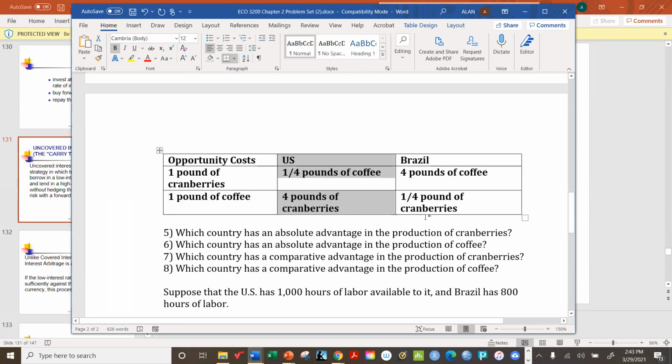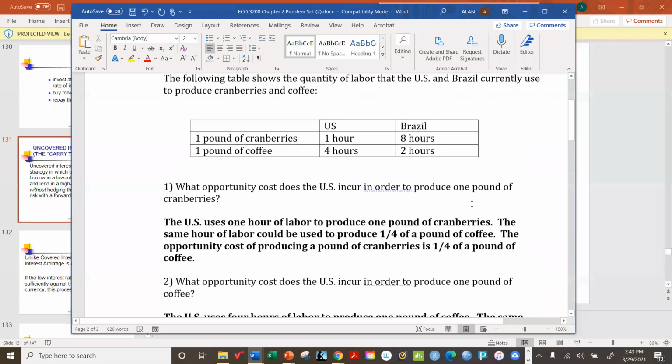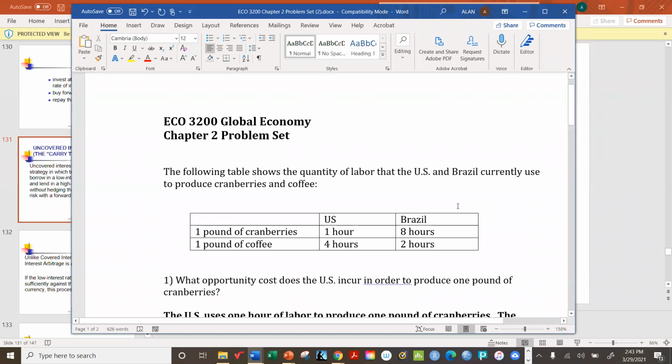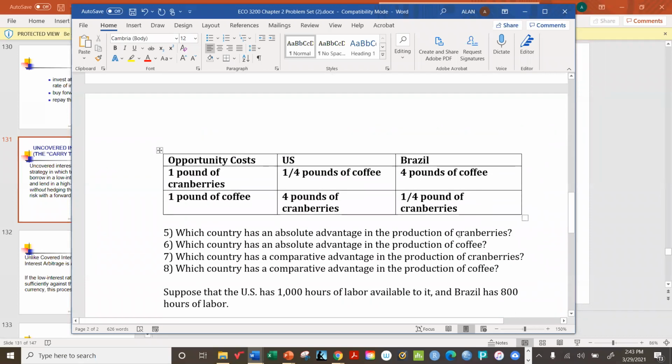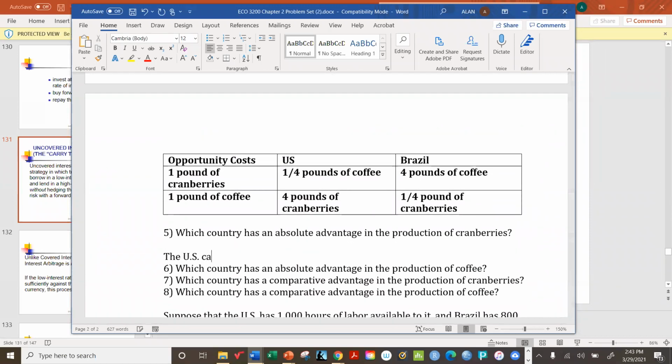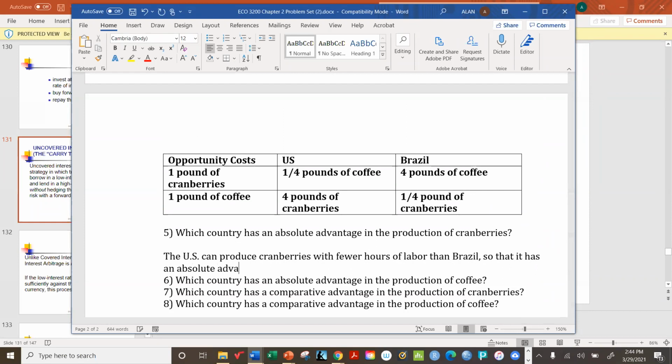All right, anyway, so which country has an absolute advantage in the production of the cranberries? Now, for that, we need to look at the top again. As far as the cranberries are concerned, the U.S. can make them with fewer hours of labor. Therefore, the U.S. can produce cranberries with fewer hours of labor than Brazil, so that it has an absolute advantage in the production of cranberries.